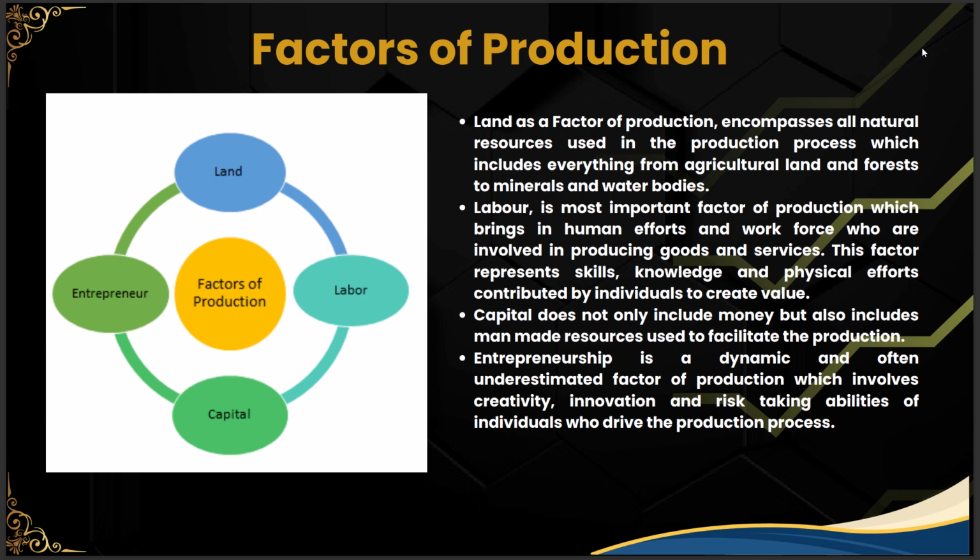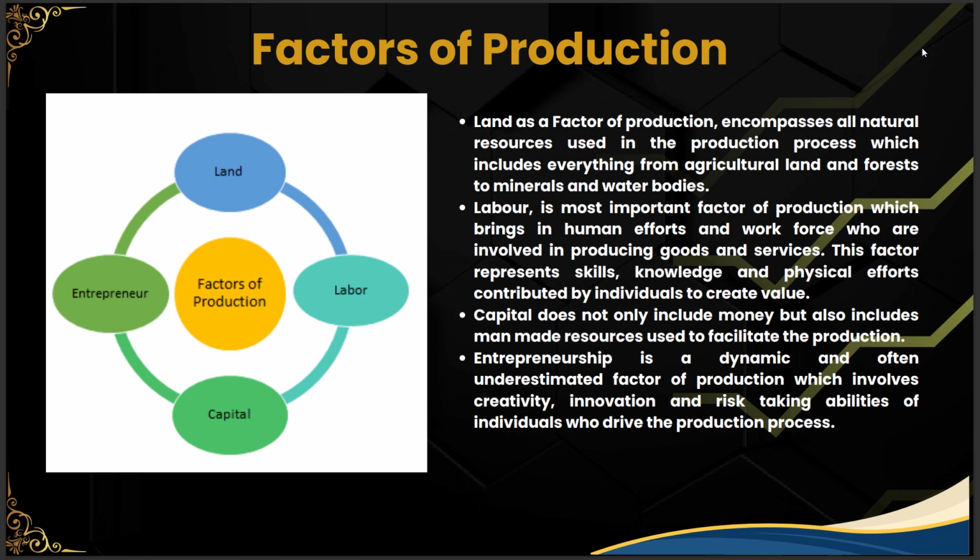It can represent skill, knowledge, physical efforts, which can be contributed by individuals to create value. Again, a worker might get a return in terms of salaries or wages, which comes again into the concept of factor income, and it comes into national income again.